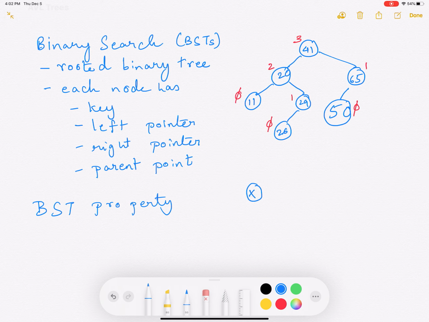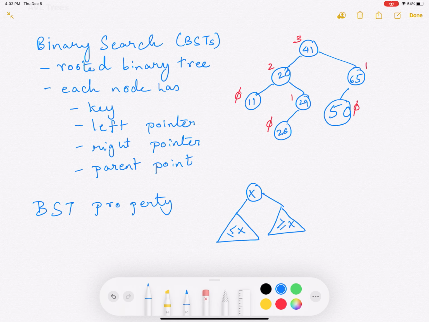So if X is the key at this particular node, every node in the left subtree has a key less than or equal to X, and every node in the right subtree has a key greater than or equal to X. If it's equal, you can insert on either side of the binary search tree.